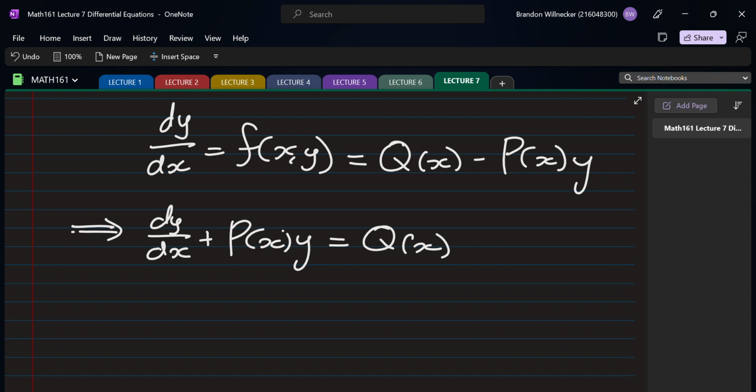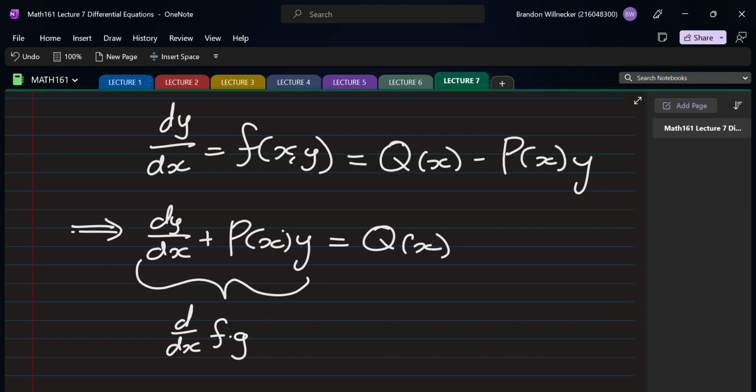So what we do is we look at the left-hand side and we try and combine these two terms into a single term. So we know that with the product rule, if we have something like d/dx of f times g, then we get the derivative of the first one, we leave the second one alone, plus we leave the first one alone, take the derivative of the second.